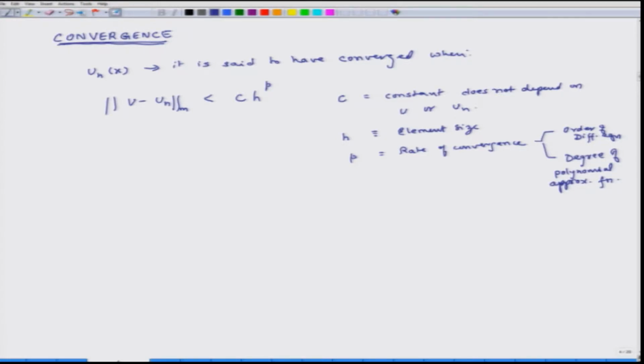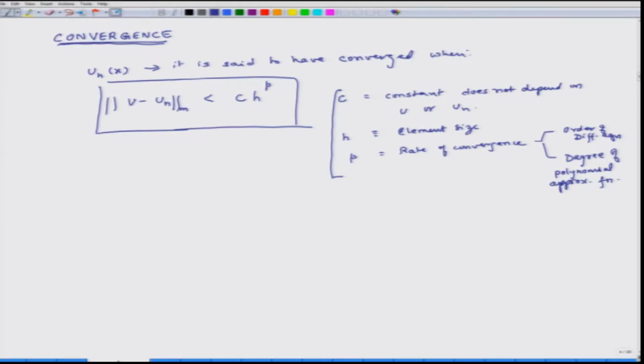If you use a linear function, it may have some value. If you use a quadratic function, it may have another, so it depends on these two. We will see these things in more detail, maybe tomorrow or day after tomorrow.